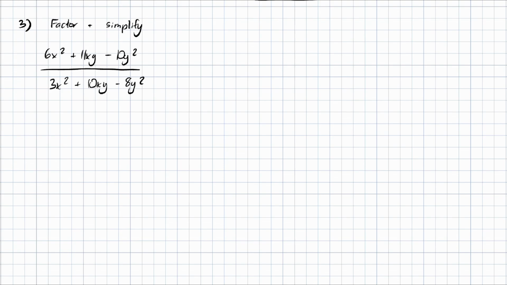Okay, I'm going to work on the numerator first and then the denominator. For the first one, we have 6x squared plus 11xy minus 10y squared.